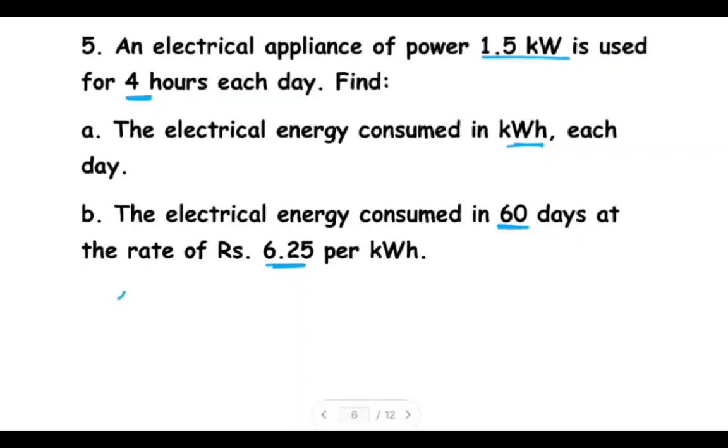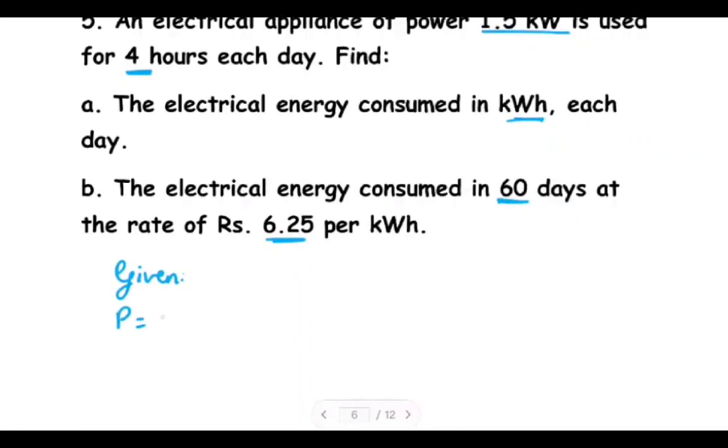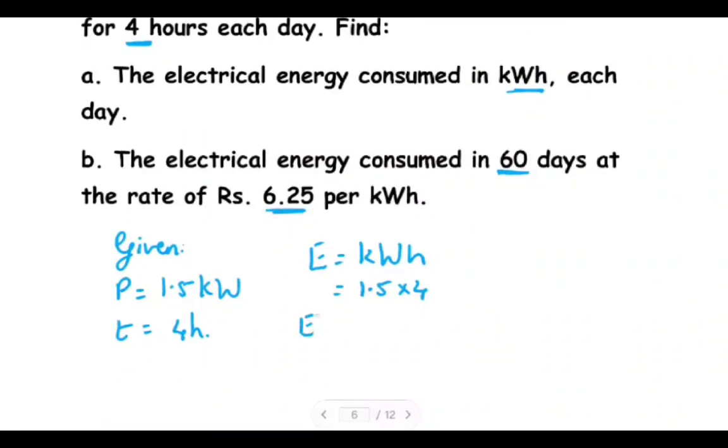Okay, given, power is given in kilowatts, so 1.5 kilowatt. Time is 4 hours. So energy is kilowatt into hour, 1.5 into 4. Energy consumed is going to be 6 kilowatt hour per day, which is as per 4 hours.